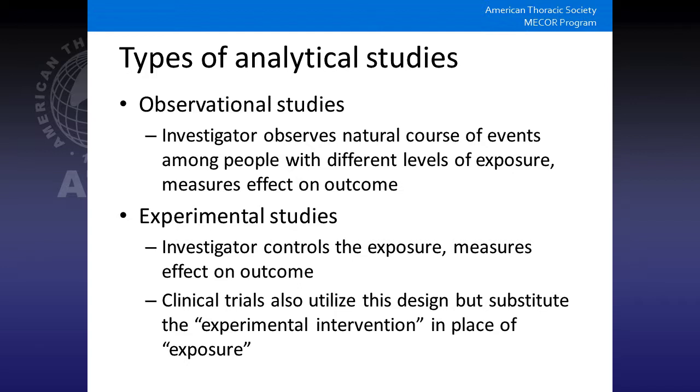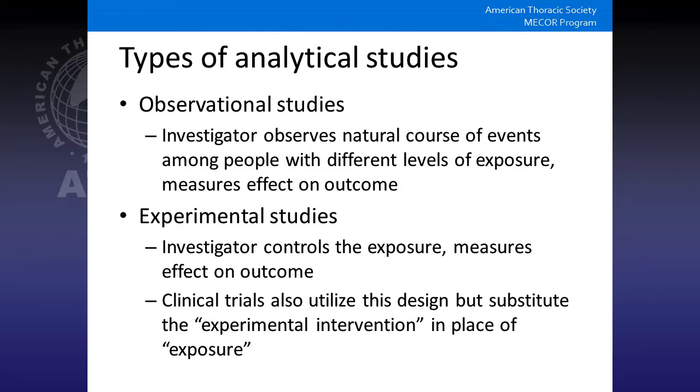Experimental studies are similar with one important difference, and that is the investigator controls the exposure and then measures the effect on outcome. Now, the reason we do this is that it allows us to decide on a random basis who will be exposed and who will not be.